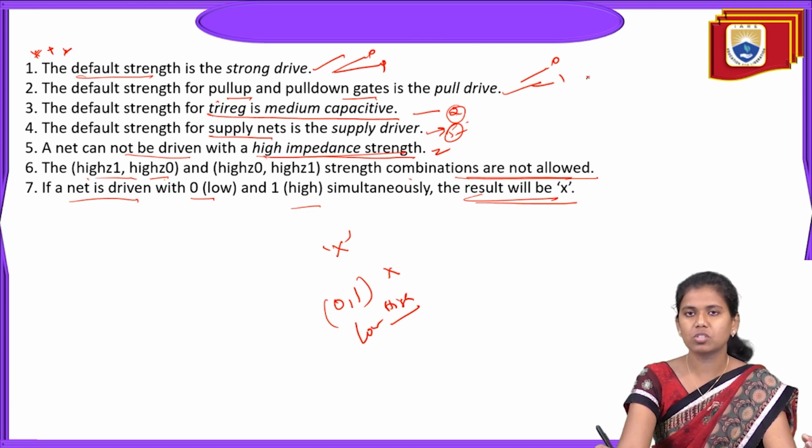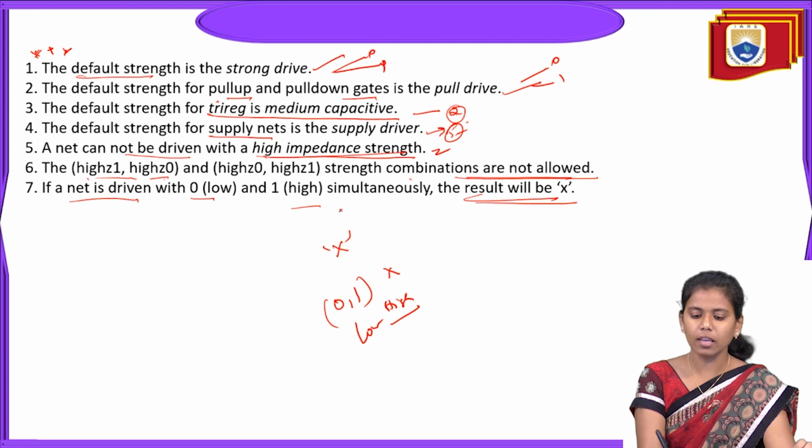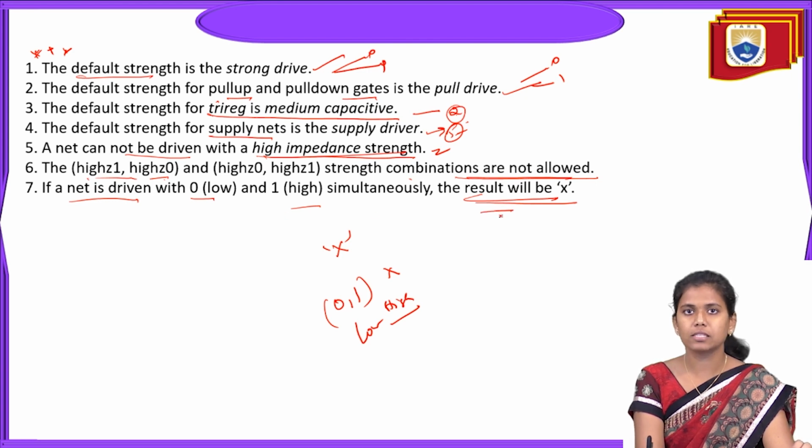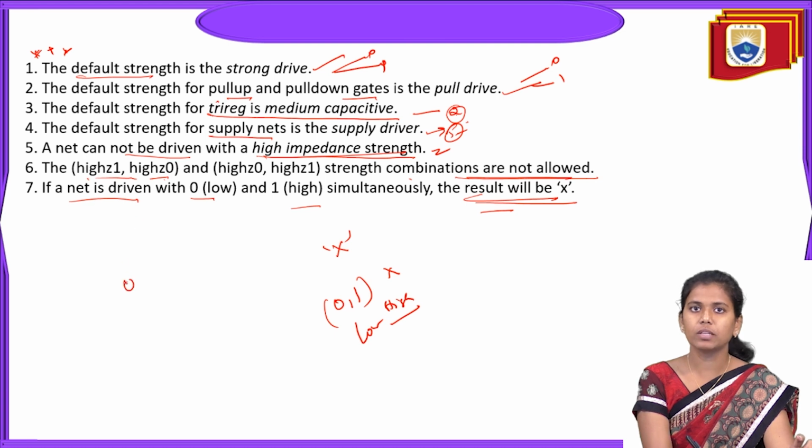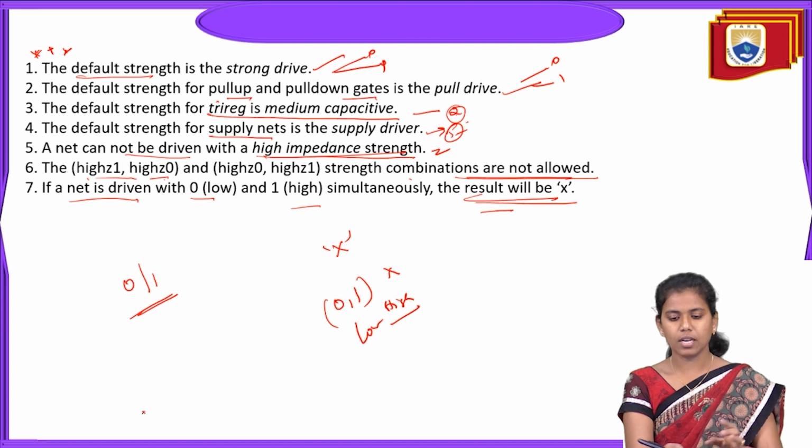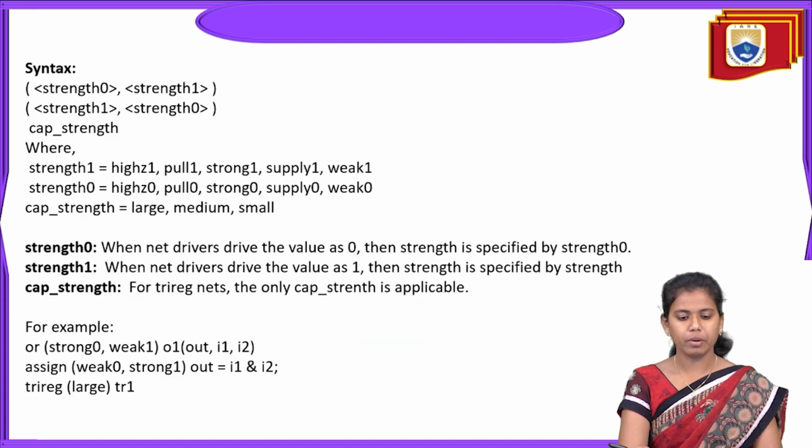Sometimes the strength levels will be pull drive, strong drive, supply drive, capacitive drive, and as well high impedance, and the result will be X only when the two nets are driven 0 and 1 simultaneously. Okay. So these are the 7 points to be remembered.